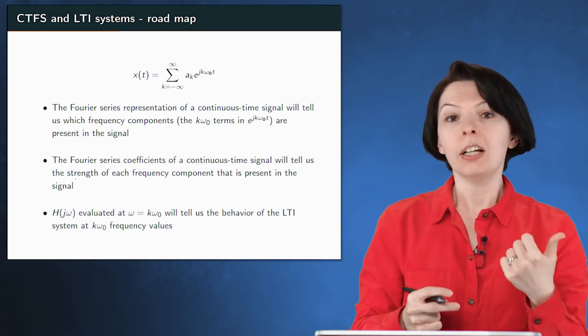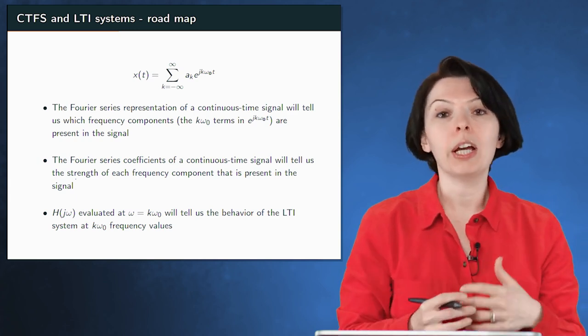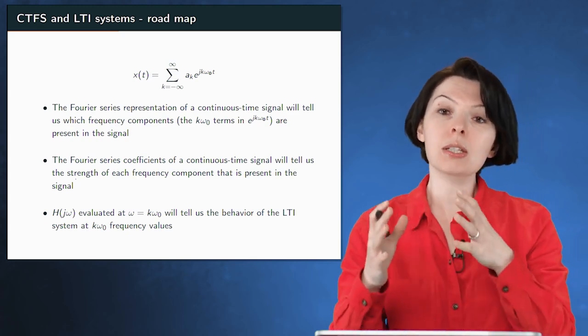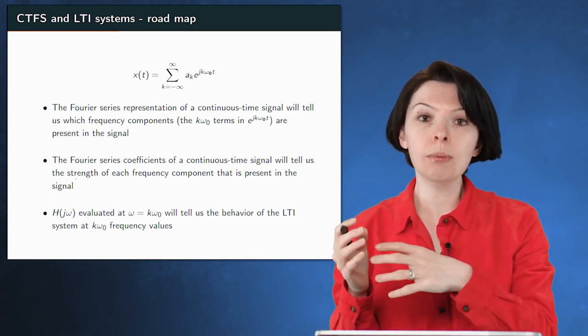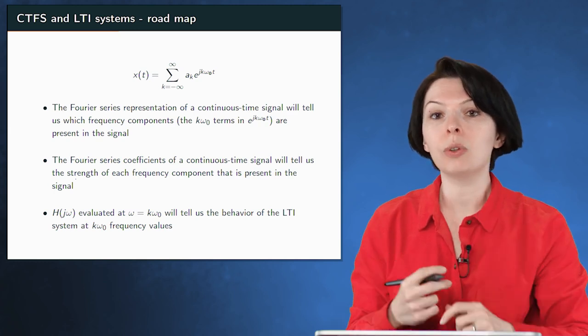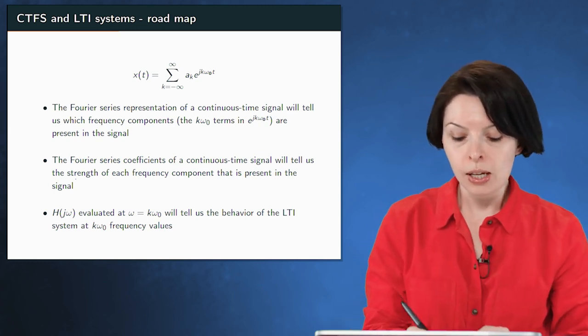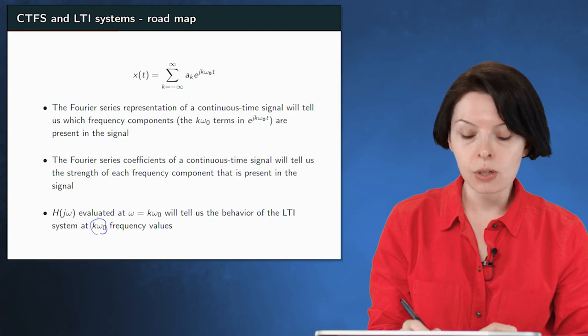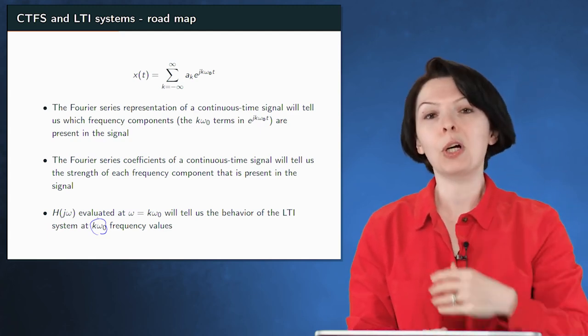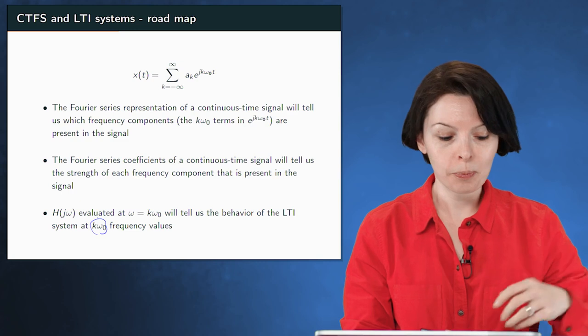H of j omega evaluated at omega equals k times omega naught, on the other hand, is going to tell us the behavior of the LTI system at the k times omega naught frequency value that we are looking for. So k times omega naught is one of the frequency components in x of t.